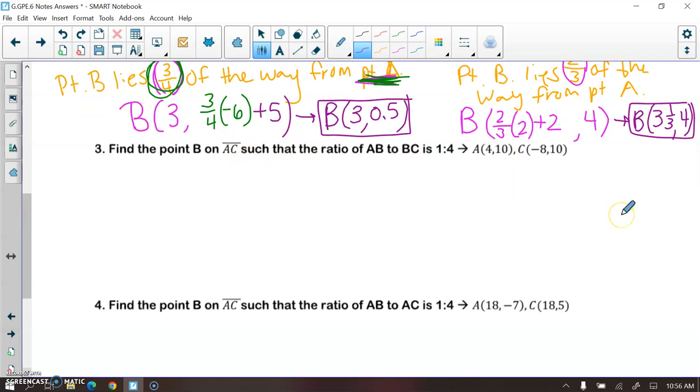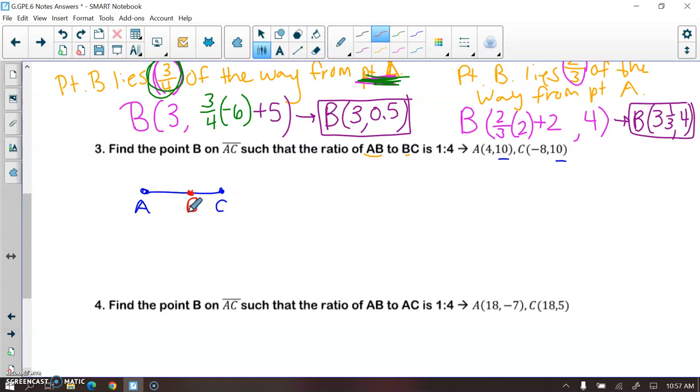So we're finding point B on AC such that the ratio of AB to BC is 1 to 4. So let's just roughly sketch what that would look like. And actually, sorry, I'm going to do it a little bit more accurate. Since they have the same y value, that would mean that this is a horizontal line that we're talking about. Point B is going to be somewhere on that line. We don't know where yet.